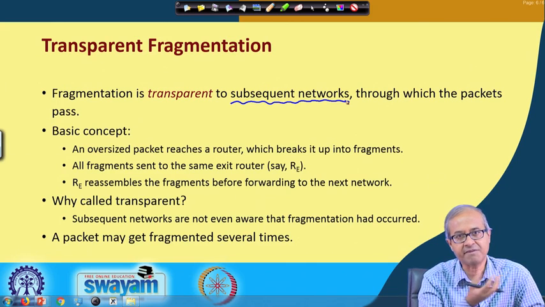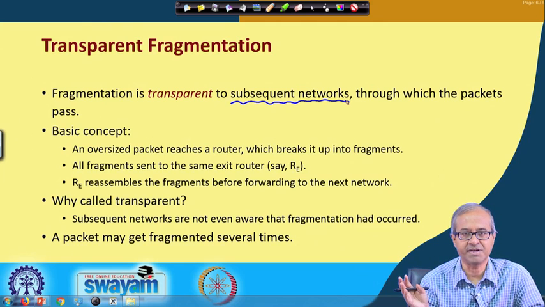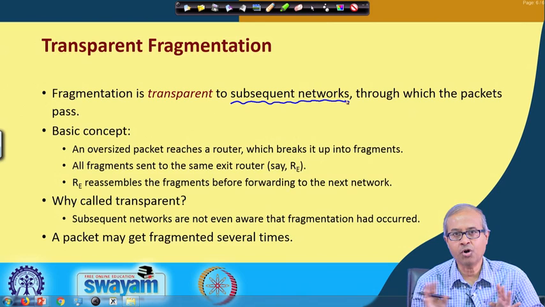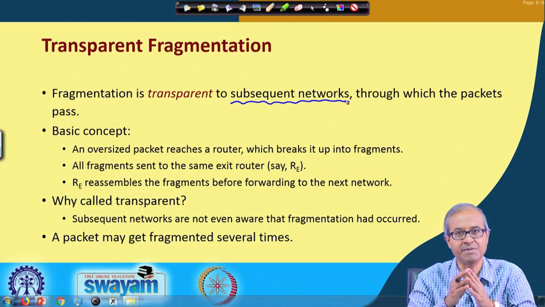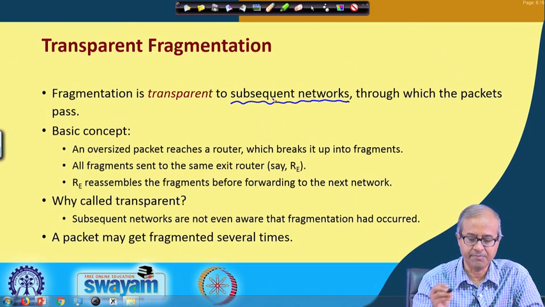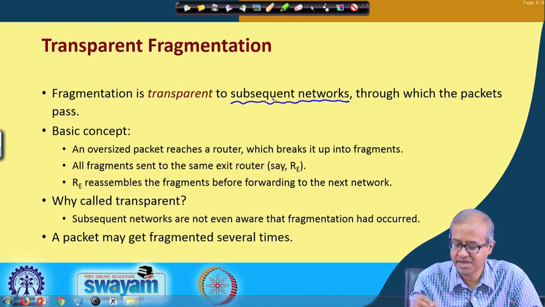Each of the fragments, when they come, are treated as independent IP packets and they are routed separately. These intermediate networks are not at all worried about the reassembly part, they are only doing the fragmentation.